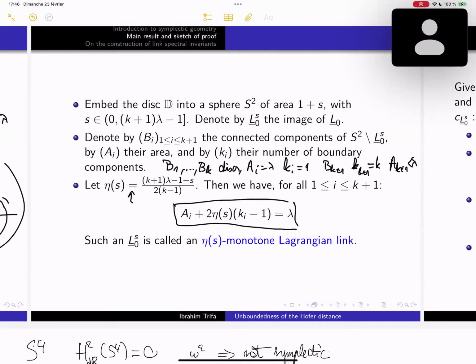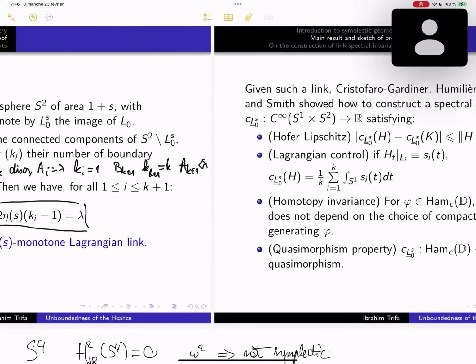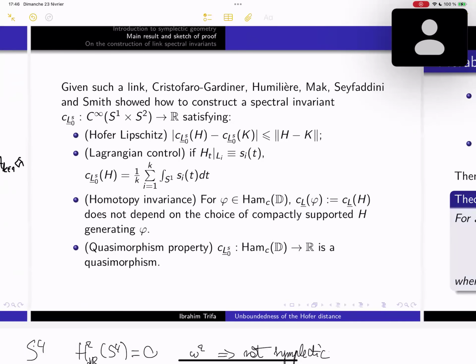Such a configuration of circles inside the sphere, we call an eta_s monotone Lagrangian link. So it's a link for which all connected components of the complement satisfy such an equality. This was defined by Cristofaro-Gardiner, Humilière, Mak, Seyfaddini, and Ivan Smith.